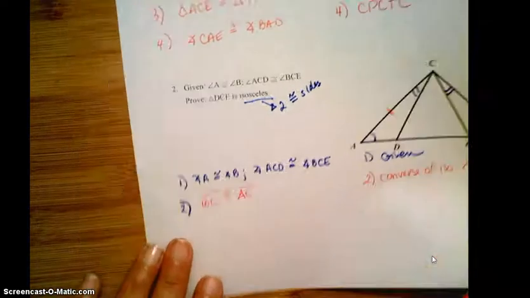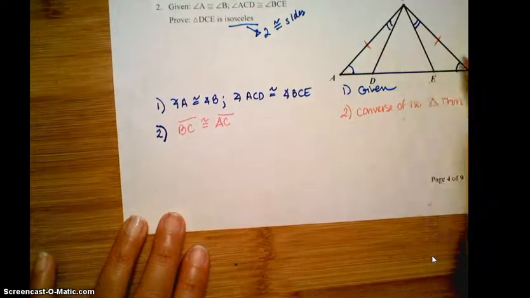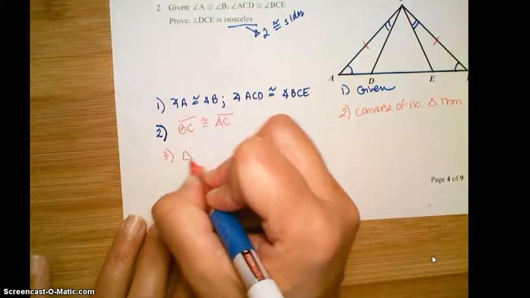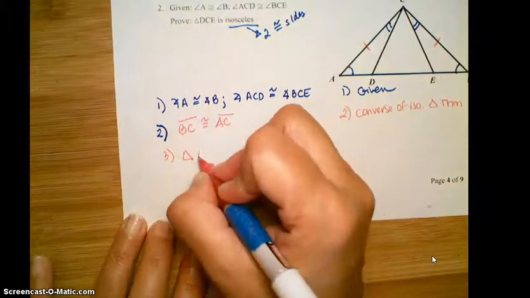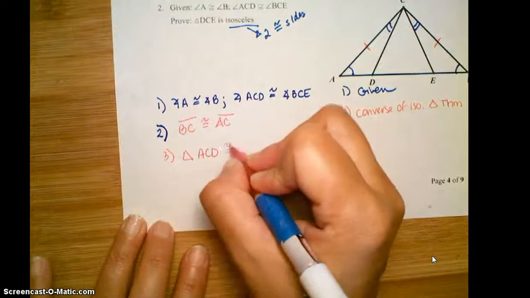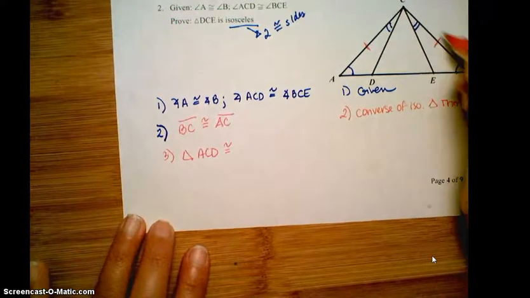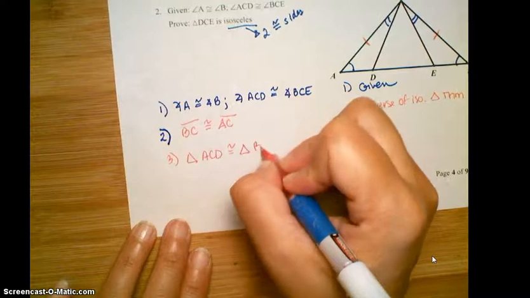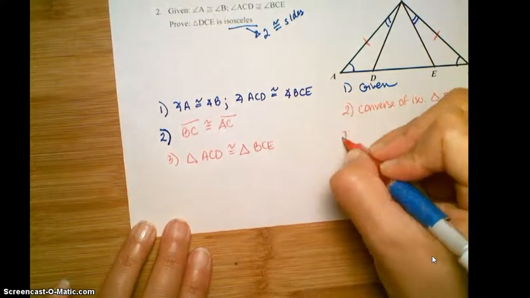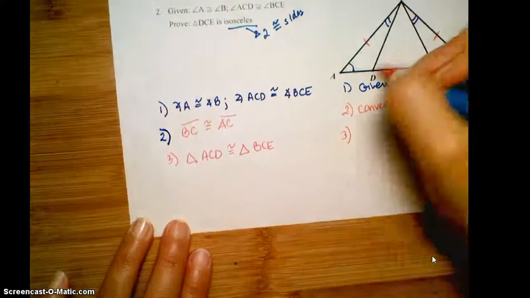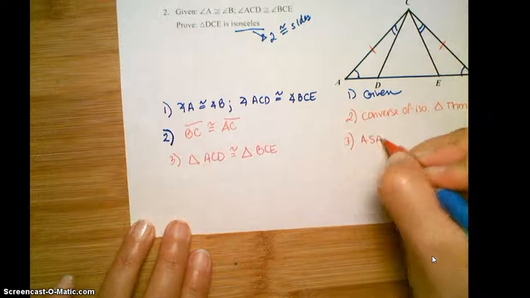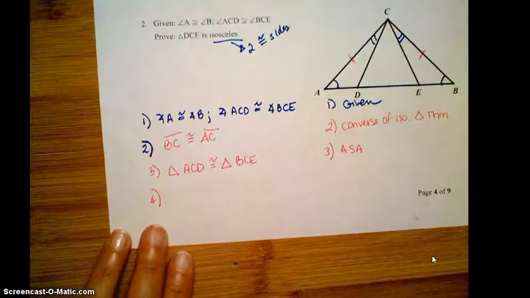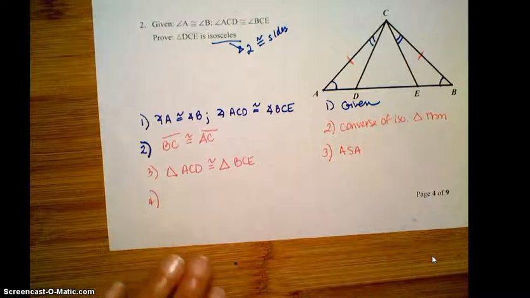Okay, now if you look at the markings on your picture, I have enough to say that triangle ACD is congruent to, be careful with your markings, BCE, and the reason would be angle, side, angle. Now that those two triangles are congruent, their parts are congruent.